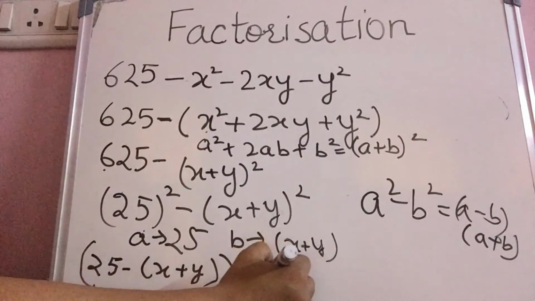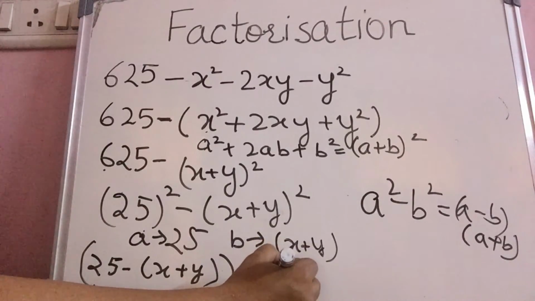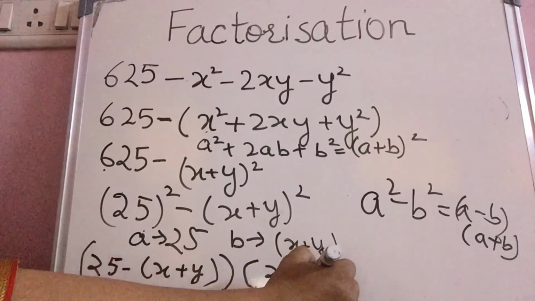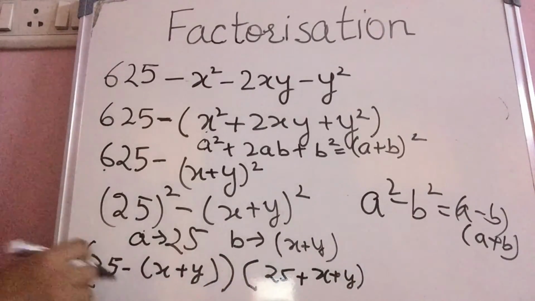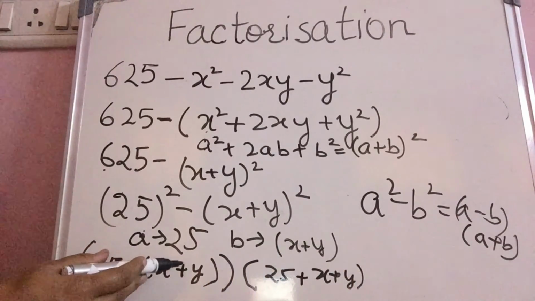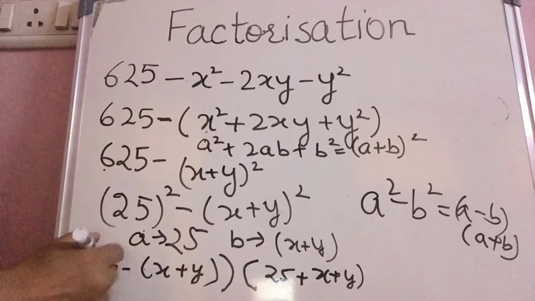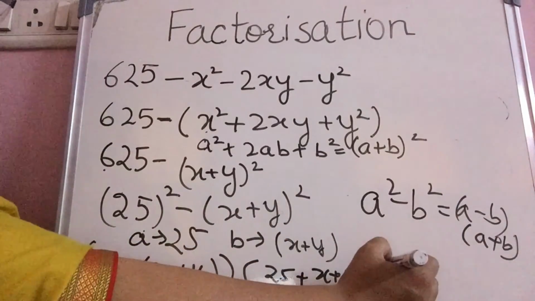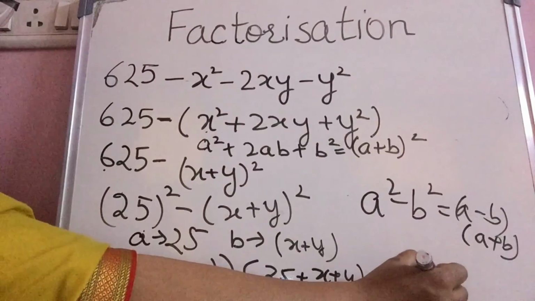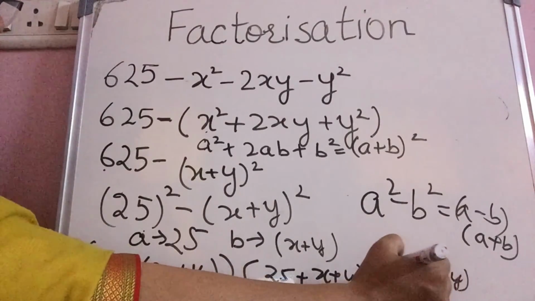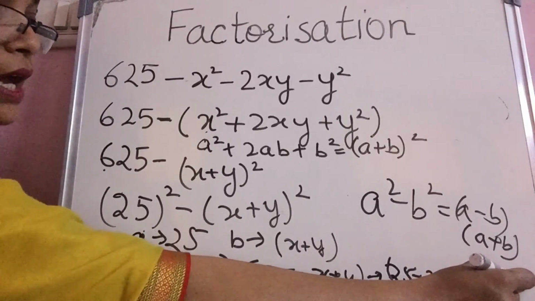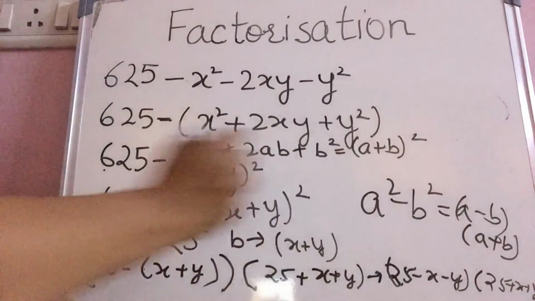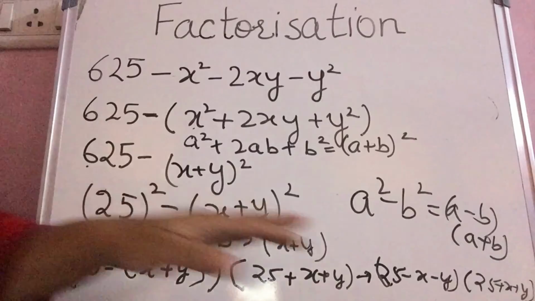And in the second bracket we have 25 plus (x plus y). So the answer will be 25 minus x minus y in one bracket, and 25 plus x plus y in the other bracket. So this will be the answer.